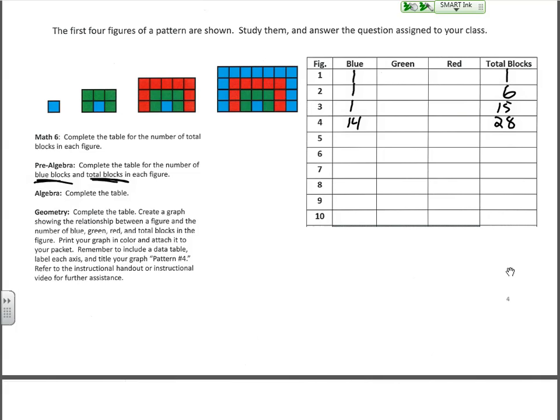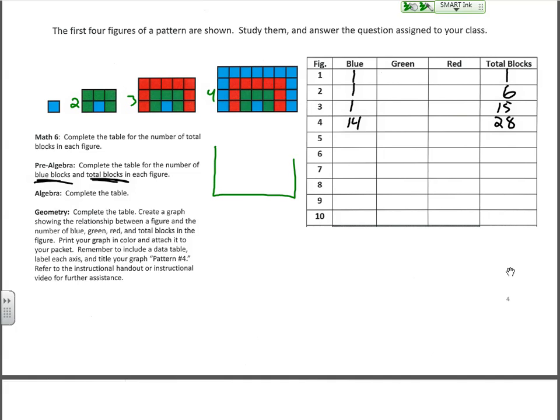Okay. So Samara's noticing here that the height of each figure, that vertical side, is going up by 1. In the second figure, we have 2 blocks going up. The third figure, we have 3 blocks going up. The fourth figure, we have 4 blocks going up. I'm just going to draw figure 5 here.